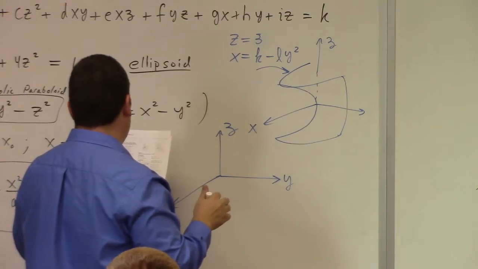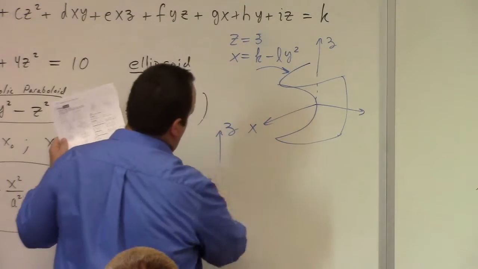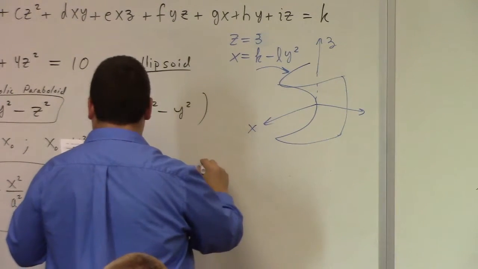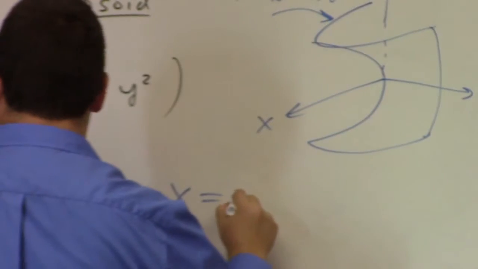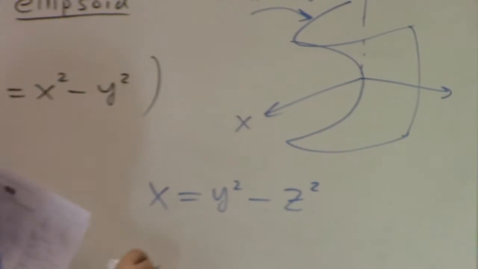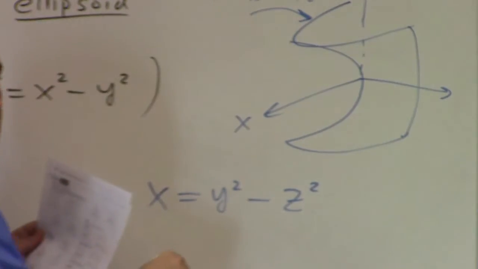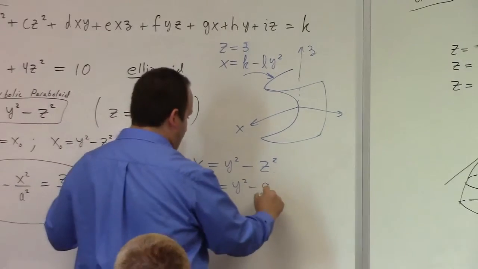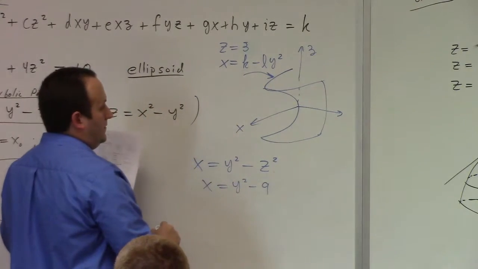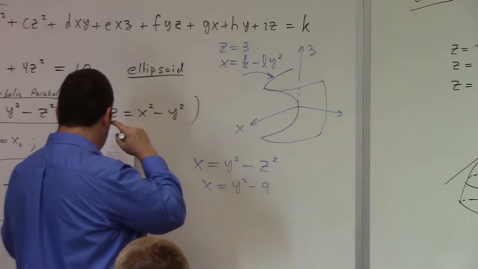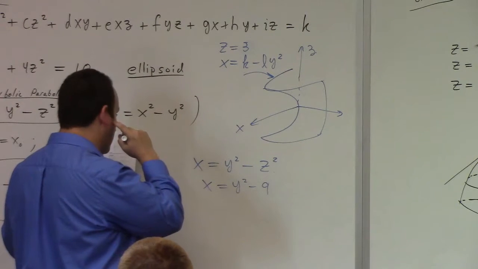So if I take number 5 and think about it, number 5 was x is equal to y squared minus z squared, right? And I put z equal to 3 or something, right? That gives me x is equal to y squared minus 9. So it is not K. It must be the other one, I think.